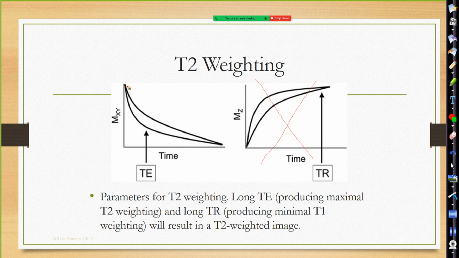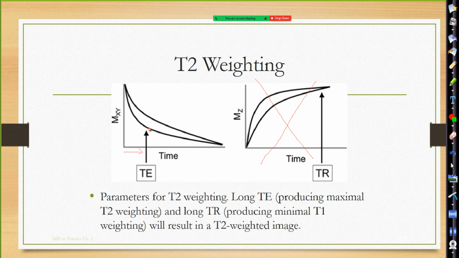But remember, with that proton density, we selected a very short TE, and there was no contrast between the two tissues here. So we're going to change our TE over, and it's now longer than what it was for a proton density.